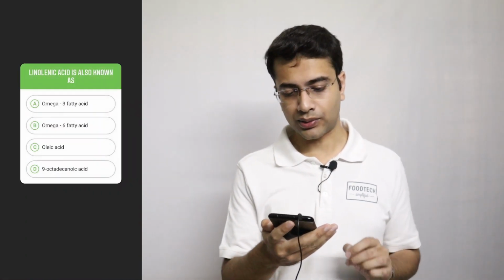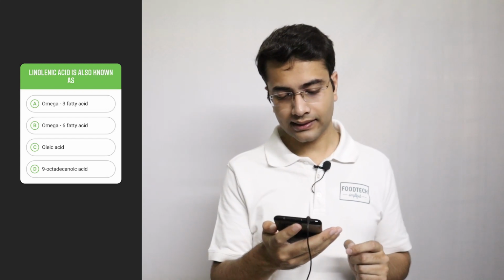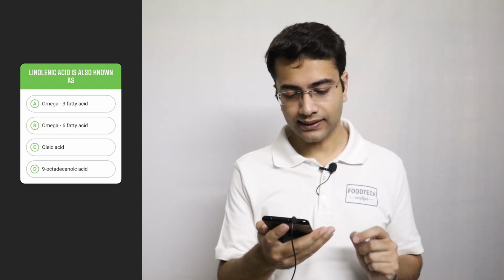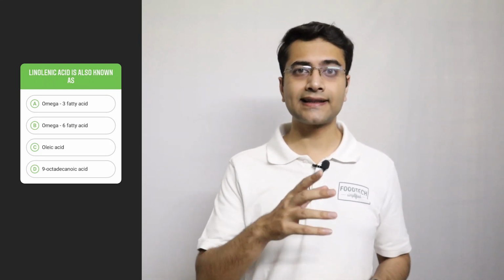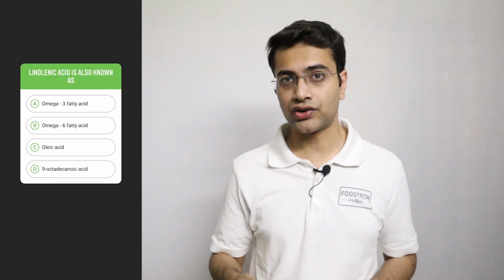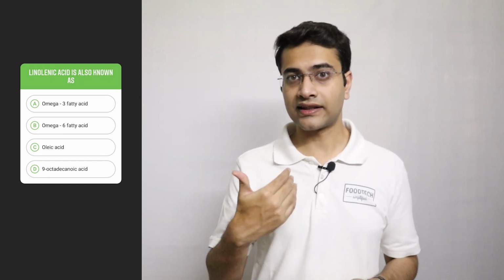Linolenic acid is also known as omega-3 fatty acid, omega-6 fatty acid, oleic acid, and the final option is 9-octadecanoic acid. So there are two kinds of fatty acids: the first one is non-essential, the second one is essential. Our body cannot synthesize essential fatty acids.